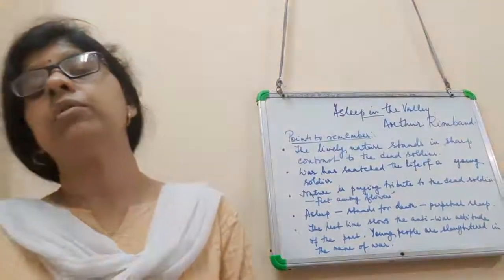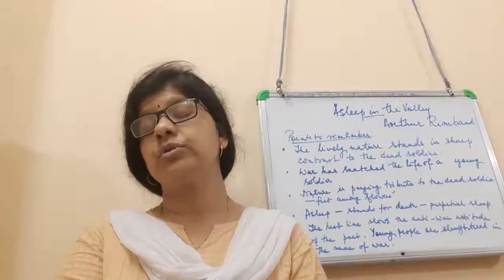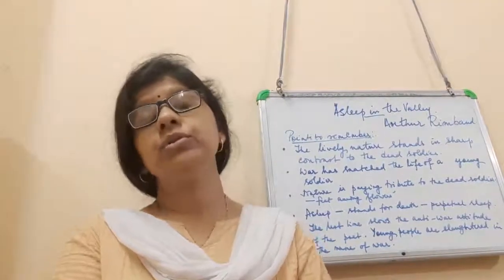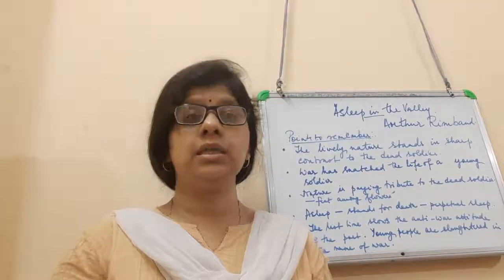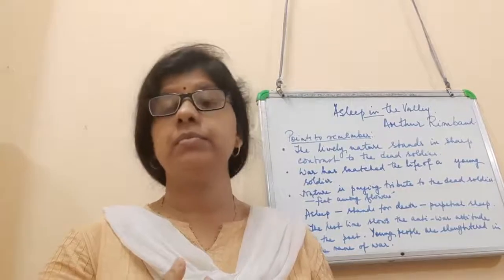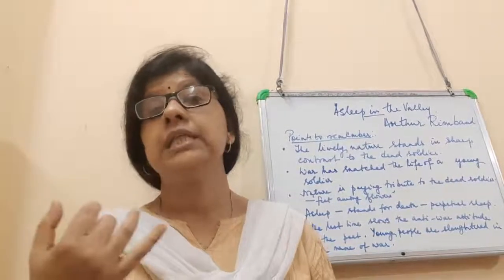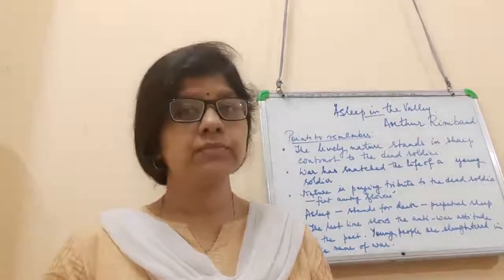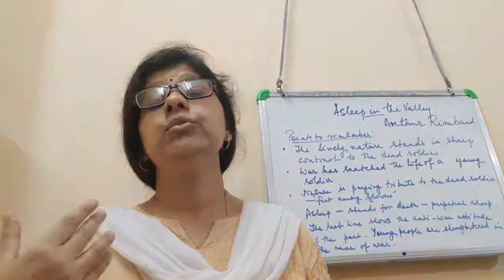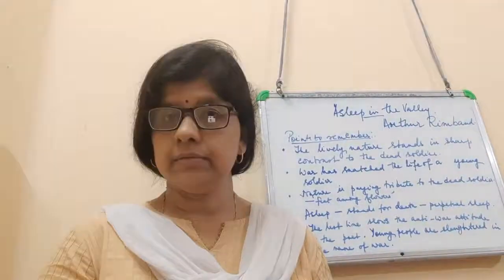These were some more things that I wanted to say, and as I have told you, for long answers the attitude of the poet is important. Then the description of the soldier, then you have the title.